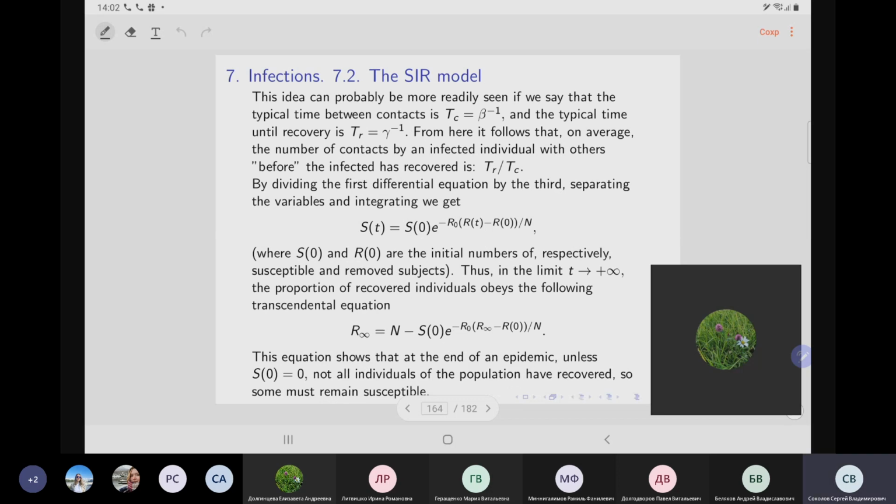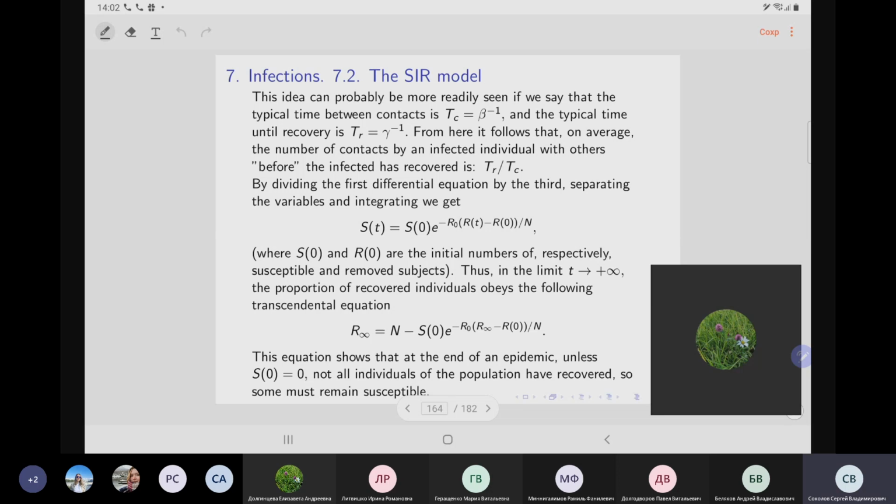What is next? We can get some more analysis from the model. A few more words.